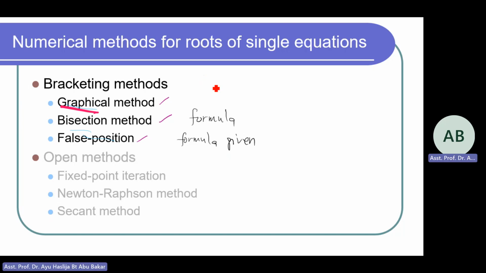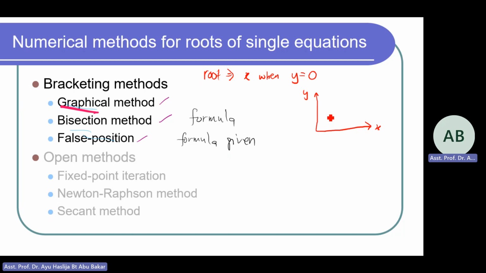Again, as I mentioned, the root is x when y equals 0. So that means in the graph, y equals 0. This is the y-axis. This is the x-axis.